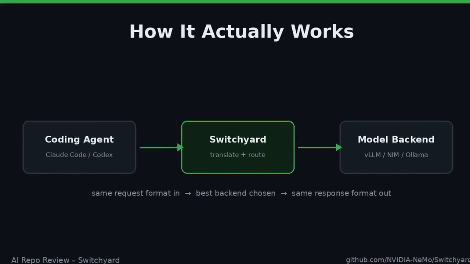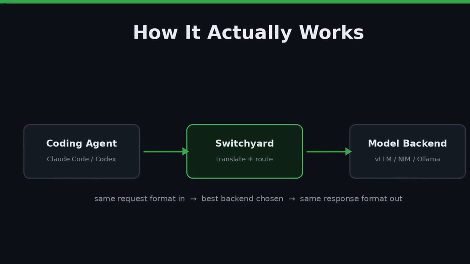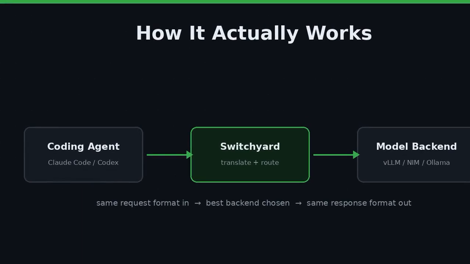Here's the flow in plain terms. Your coding agent sends a normal request, in its own native format, to a local address on your machine. Switchyard receives that request, decodes it into a provider-neutral internal type, and hands it to a routing algorithm. That algorithm, random split, cost-aware, or a custom one you wrote, picks a target.